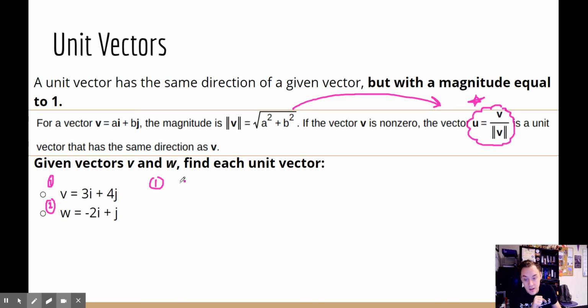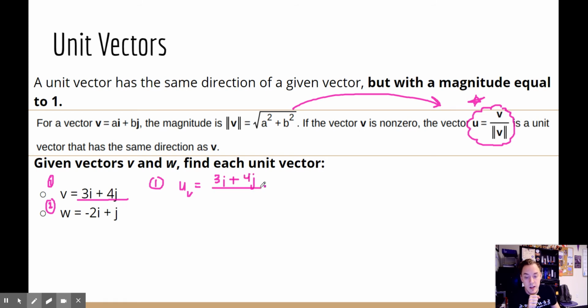So my unit vector of v, so I'm going to say u of v. Okay, u of v, my unit vector of v. This equals my vector v. So I'm literally going to implant all of that into my numerator.